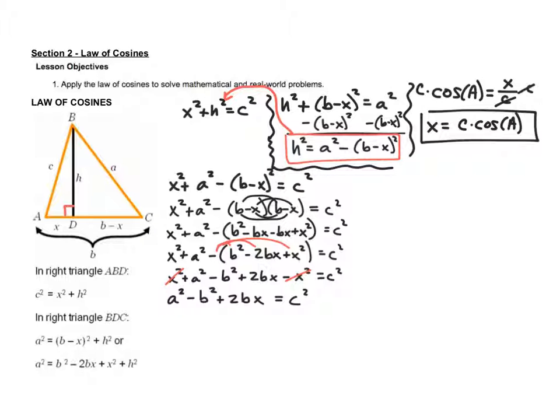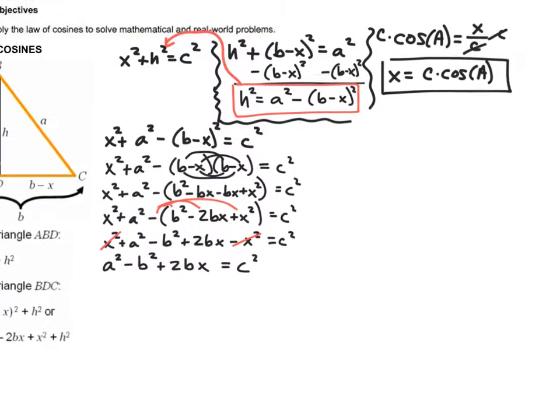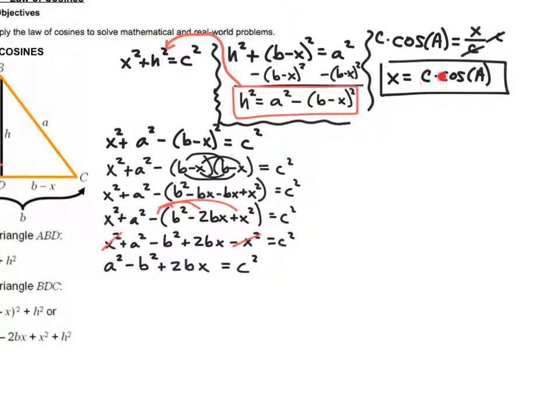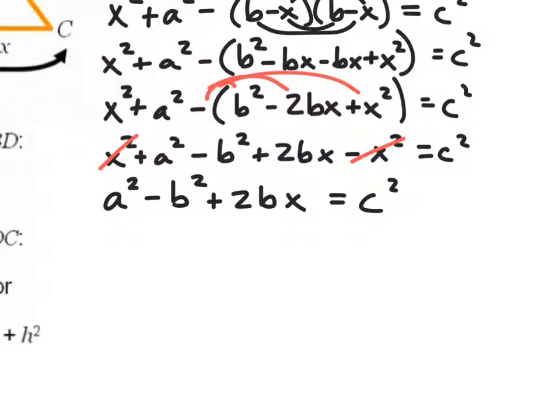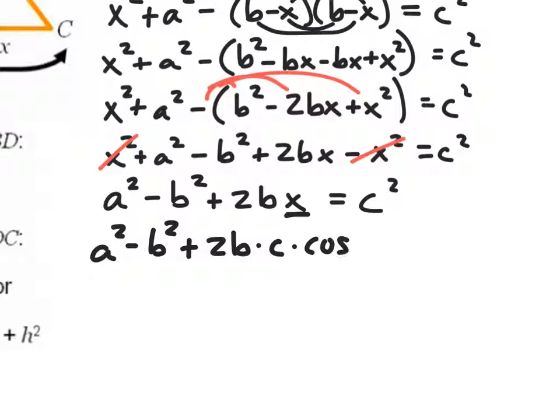Now, I'm going to replace x with what we found earlier, c times cosine of A. So a squared minus b squared plus 2b times c times cosine of angle A is equal now to c squared. Okay, now we're not done yet. We're almost done.